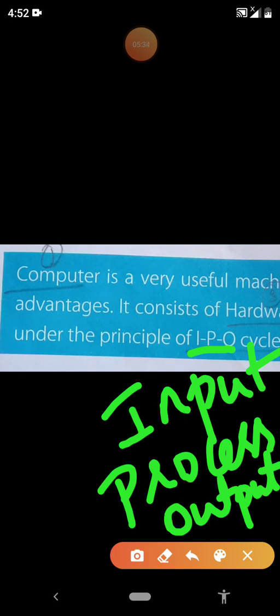In this process only the whole computer works. In painting, in a Word document, in whatever work we are doing in the computer, it works under the IPO cycle. So, is it clear? Computer is a very useful machine. It's a user friendly machine for us. Are you clear?